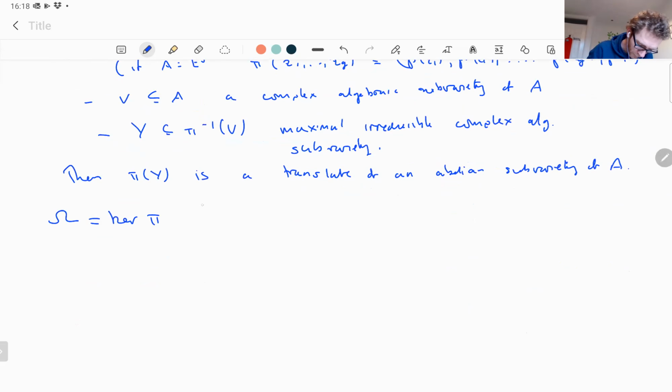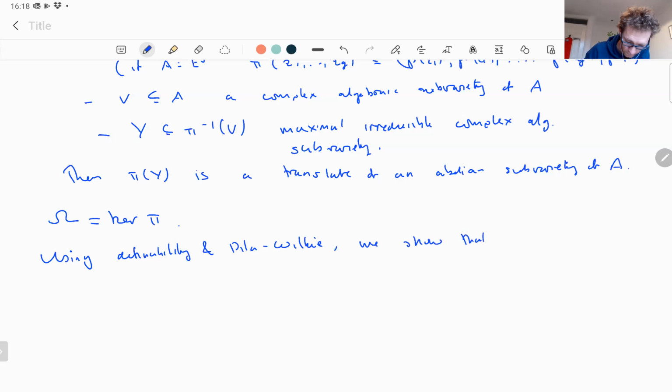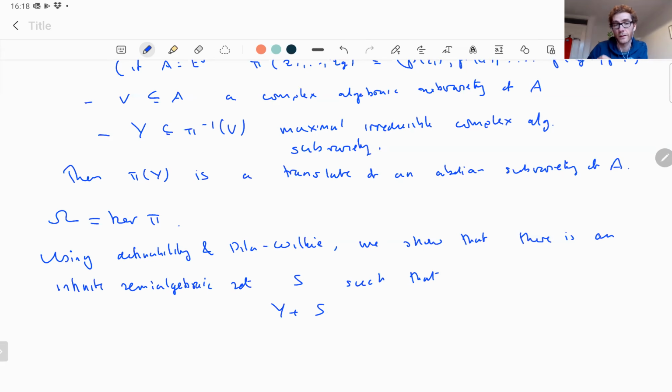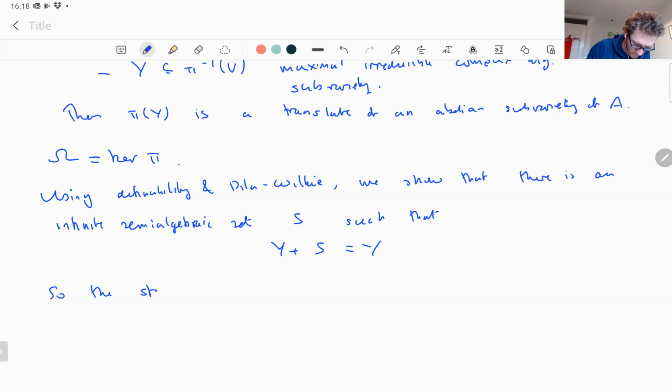So using definability and Pila-Wilkie, we show that there's an infinite semi-algebraic set S such that Y plus S, so all the translates of Y by points in my semi-algebraic set, is equal to Y. So that means that the stabilizer of Y in C to the g is big.